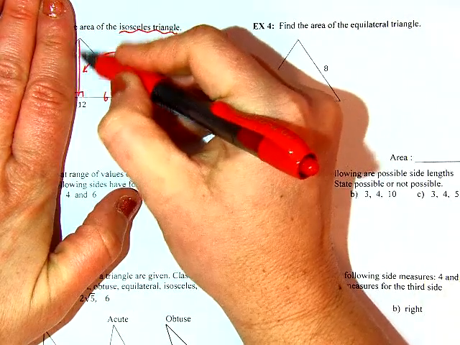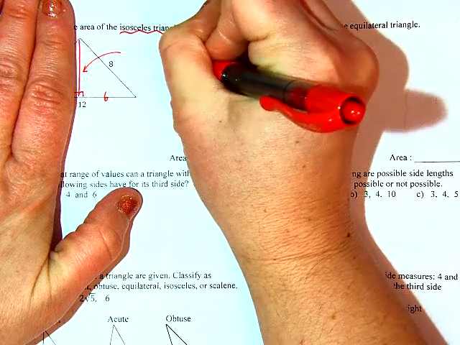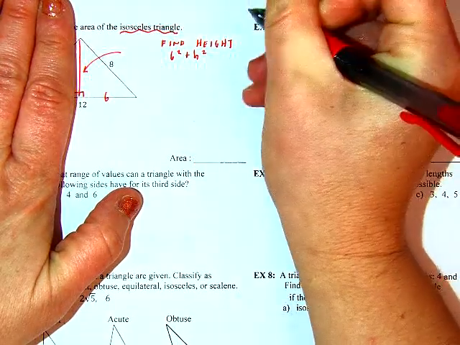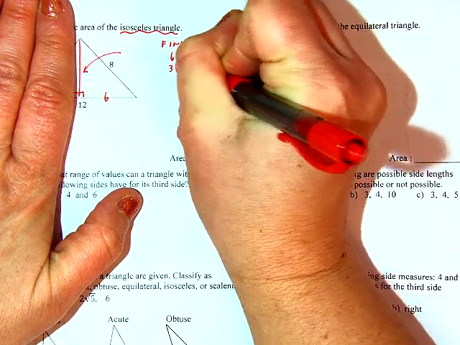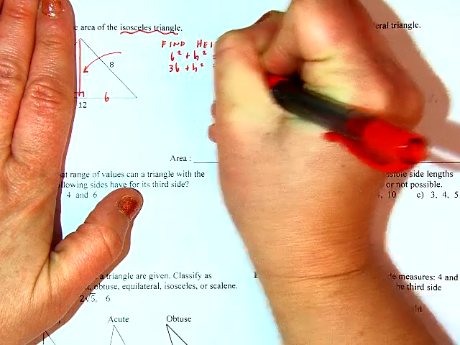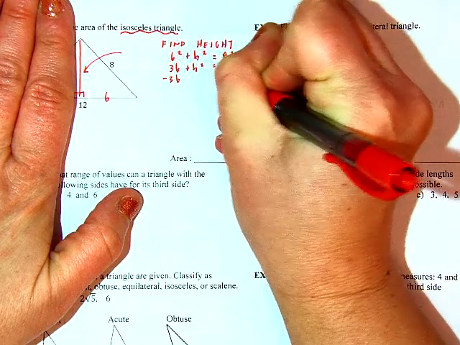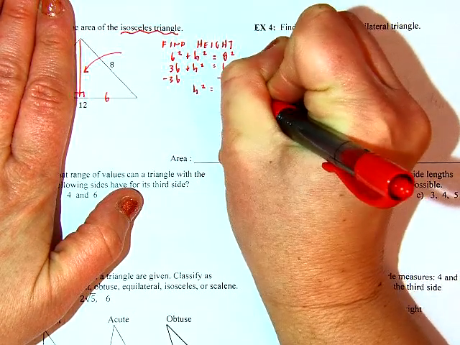I need to figure out the length of this leg. So using the Pythagorean theorem, 6 squared plus my height squared, I'll label that as h, is equal to 8 squared. So 36 plus my height squared equals 64. Take away the 36. My height squared would be 28.